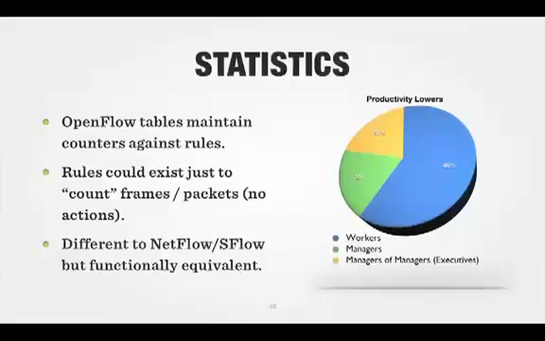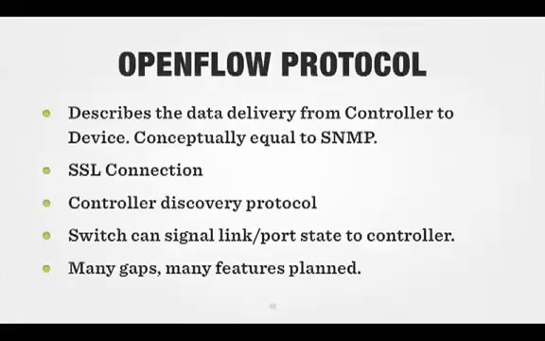OpenFlow uses the same concept as NetFlow to achieve the same outcome, except instead of actually ejecting a record out the side and causing the CPU to spin to create those records, it just maintains those counters against an existing flow, and then the controller would then fetch them, or the device would send them to the controller, yet to be determined. So statistics, I don't worry too much about the image, it's just me having some fun. But it seemed nice, it looked like a cute picture.